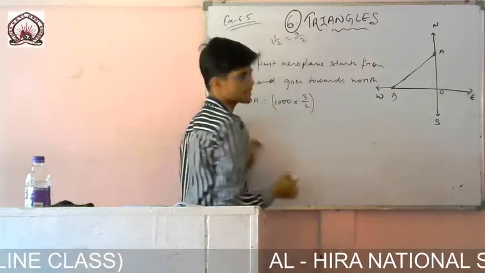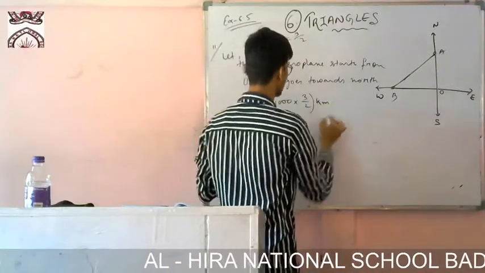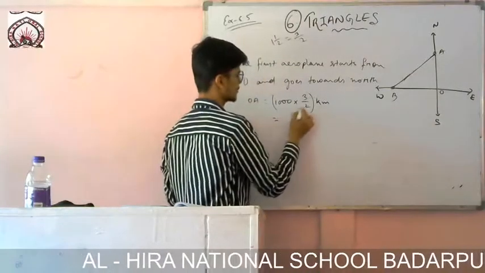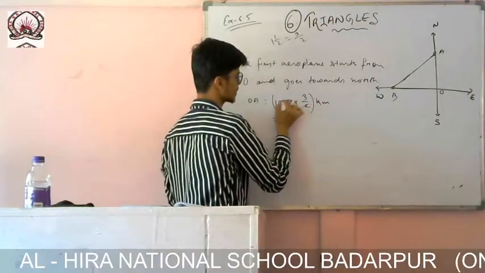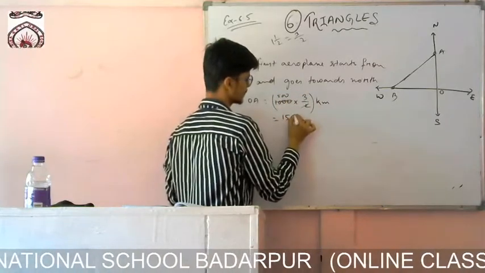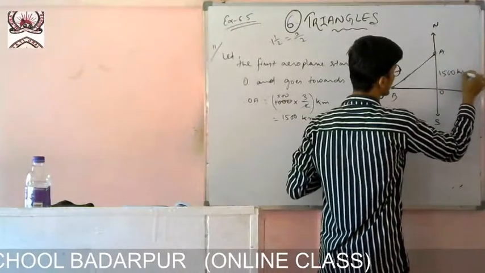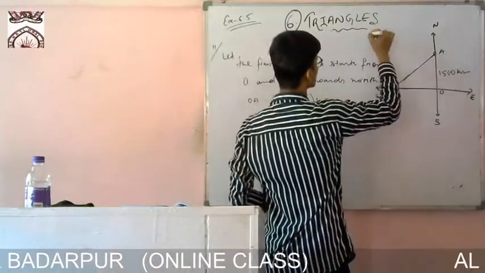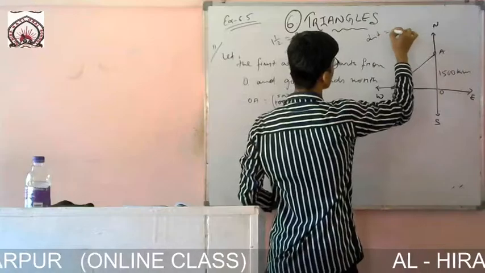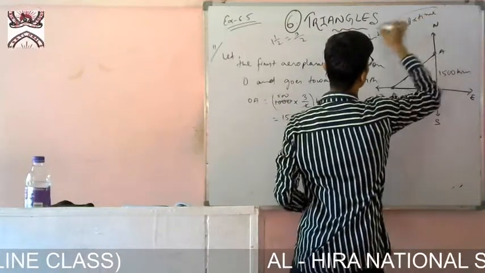So it is distance, so it will be in kilometer. If I cancel, 2 5s are 500 and 5 3s are 1500 kilometers. So that means this distance is 1500 kilometer. Distance equals speed into time, okay.